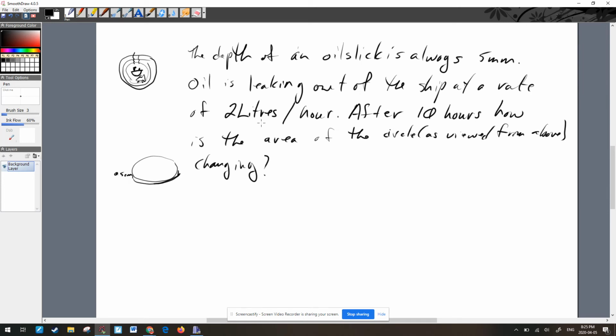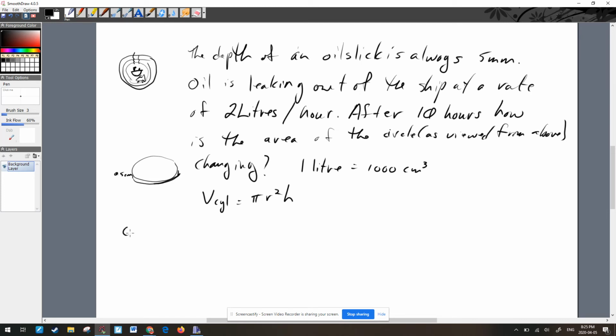And it says that we're leaking at 2 liters per hour. So I would give you a conversion: 1 liter is equal to 1,000 cubic centimeters. So I'm going to convert everything into centimeters. I would also tell you some formulas: the volume of a cylinder, although again you should know this, is pi r squared h.